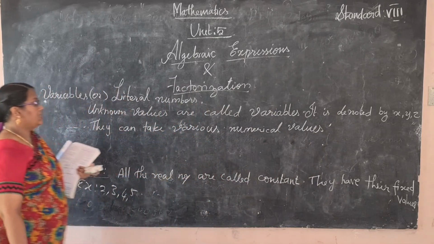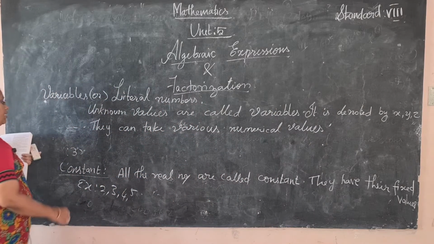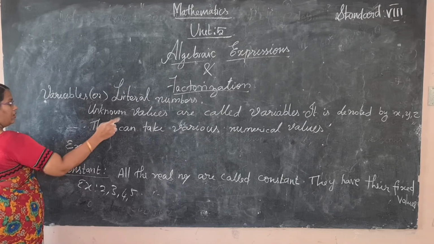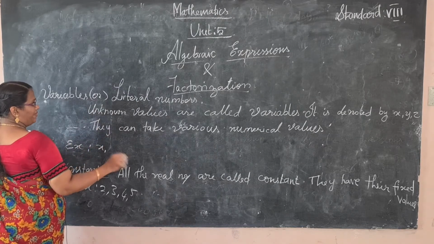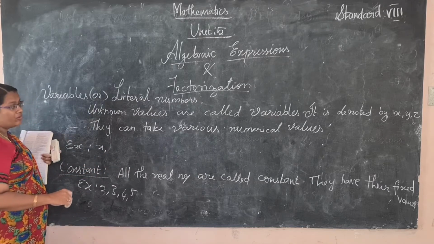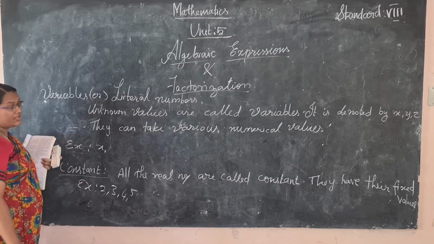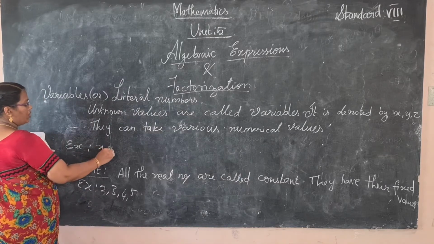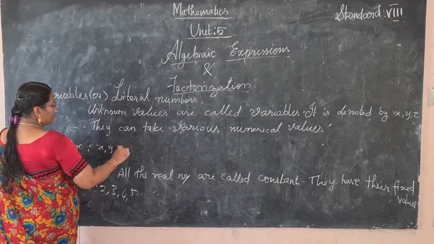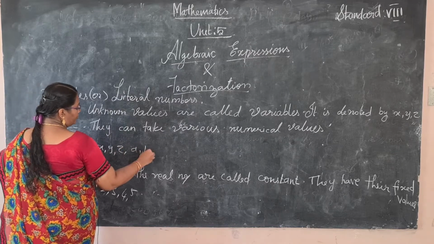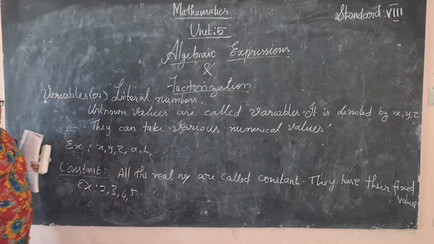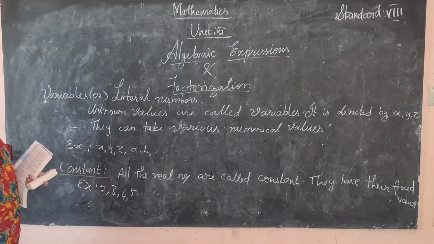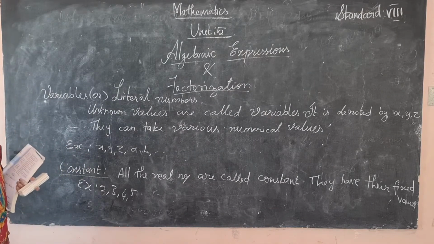Examples: X, Y. All the small letters of the alphabet, X, Y, Z, A, B, are used for variables, which are literal numbers.